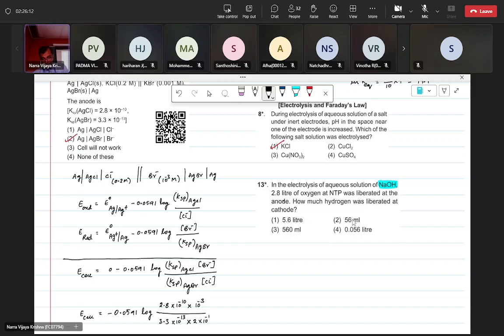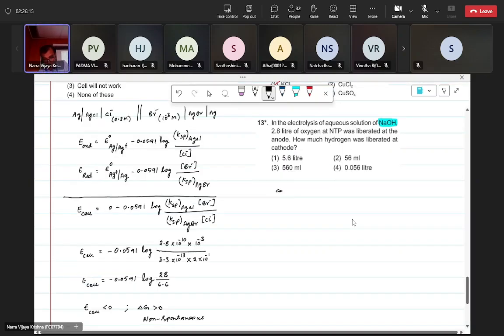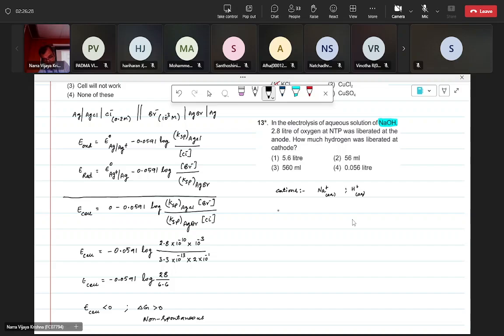So NaOH means what are cations available? Na+ aqueous and H+ aqueous. Anions available: OH- aqueous. Here I will take OH- directly because solution is basic. Then if it is base, why are you taking H+? Don't take H2O. But problem is what you have to do? From H2O, I need to do.